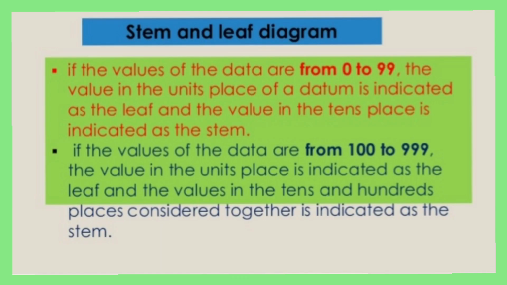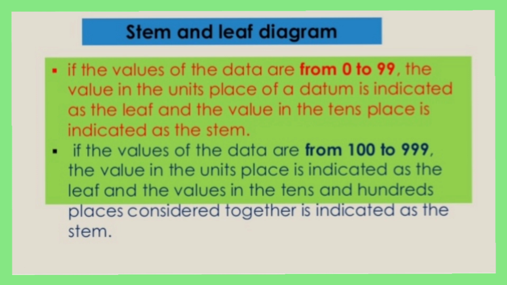Now we will discuss how to draw the stem and leaf diagram. If the values of the data are from 0 to 99, that means with 2 digits, the value in the units place of the datum is indicated as the leaf and the value in the tens place is indicated as the stem.